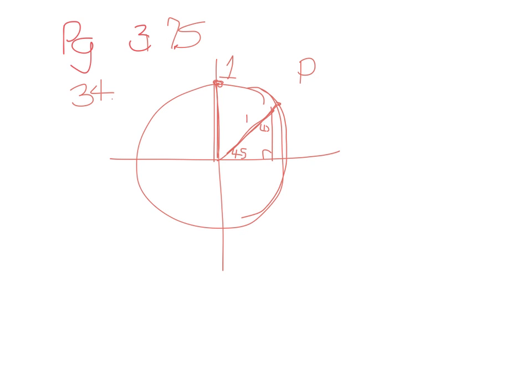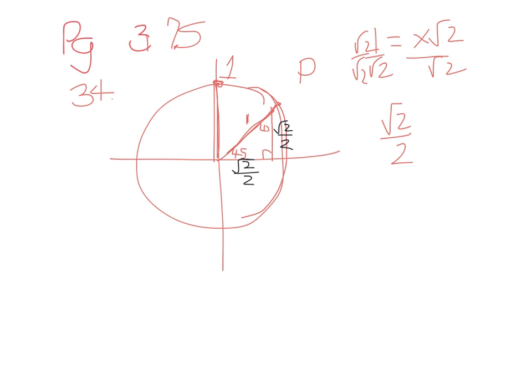That means this is also 1, right here. So 1 is equal to x radical 2. I divide, rationalize, and get radical 2 over 2. That's going to be both right here and right here. So my coordinates for P are rad 2 over 2, comma rad 2 over 2.